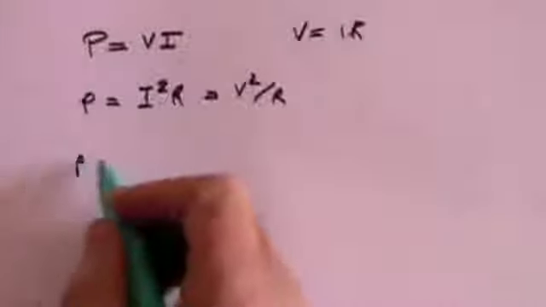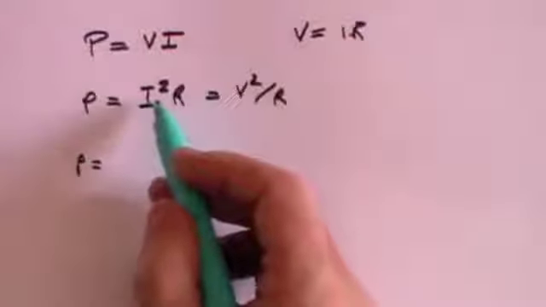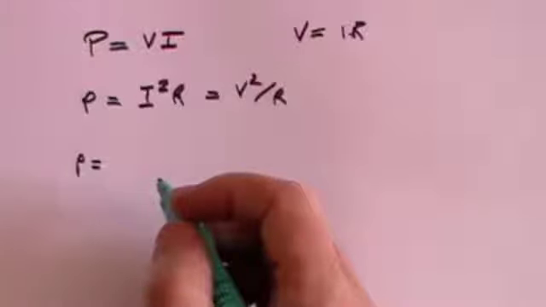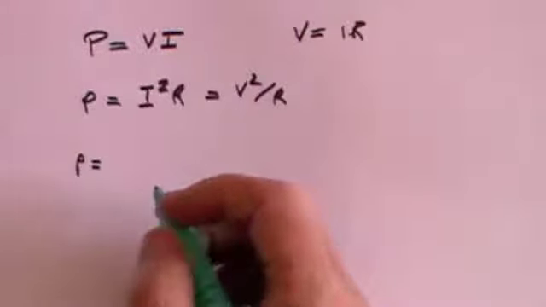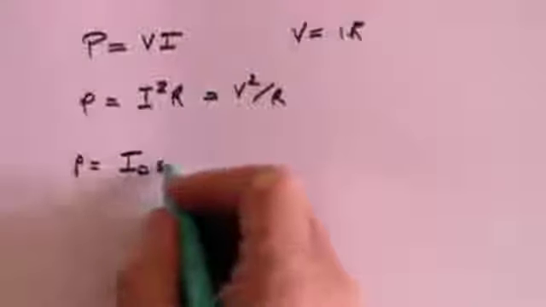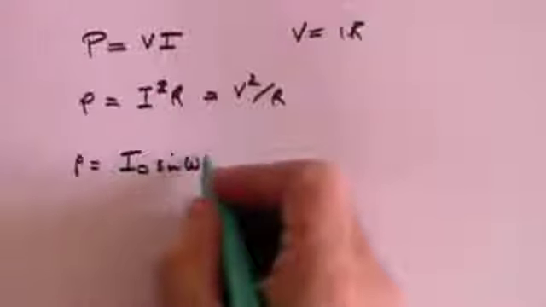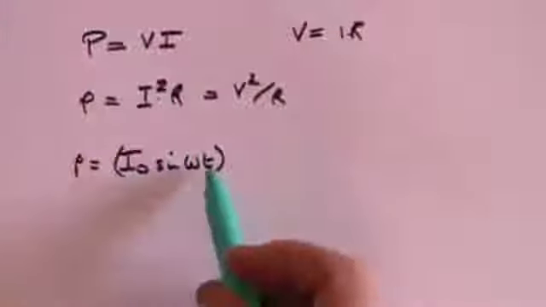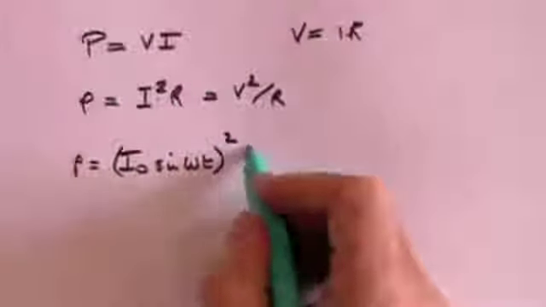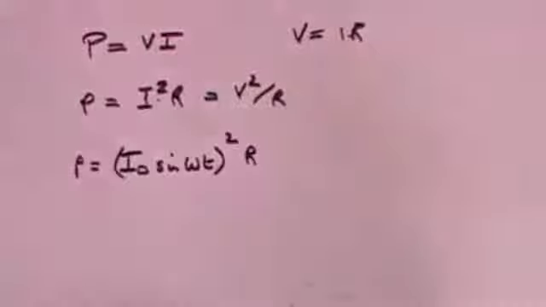So the power is equal to, let's take this one first, I squared. Well, we said that the current is constantly changing with alternating current, and I is equal to I naught sine omega t. So I squared will be that term squared, and if you want the power, you've then got to multiply that by the resistance.